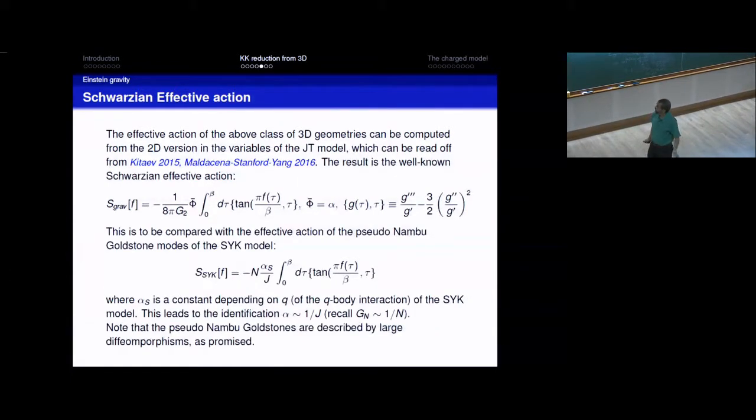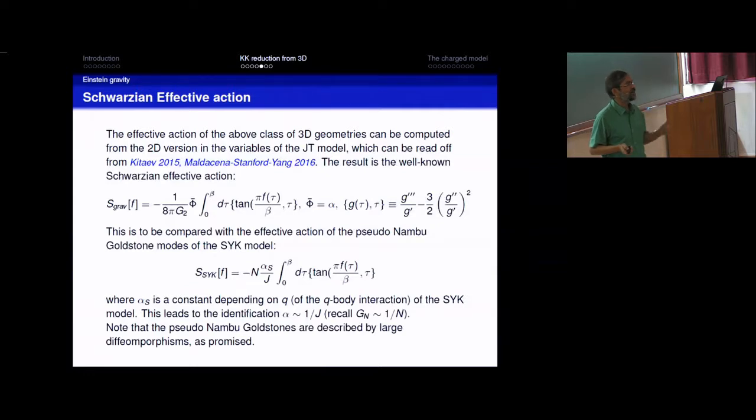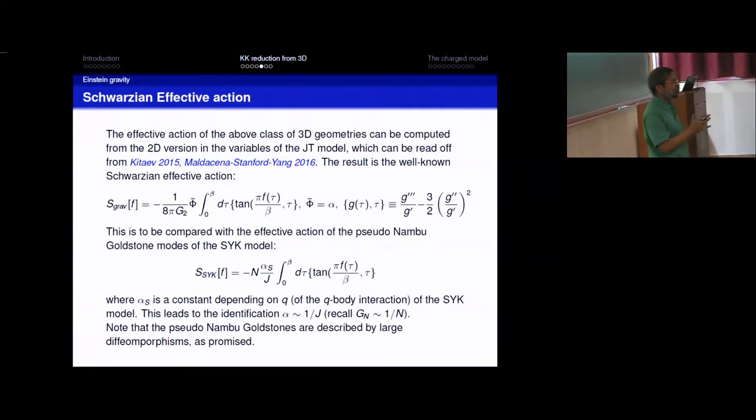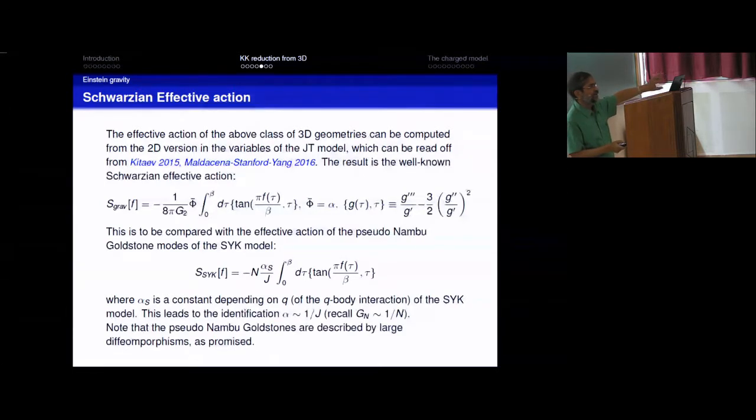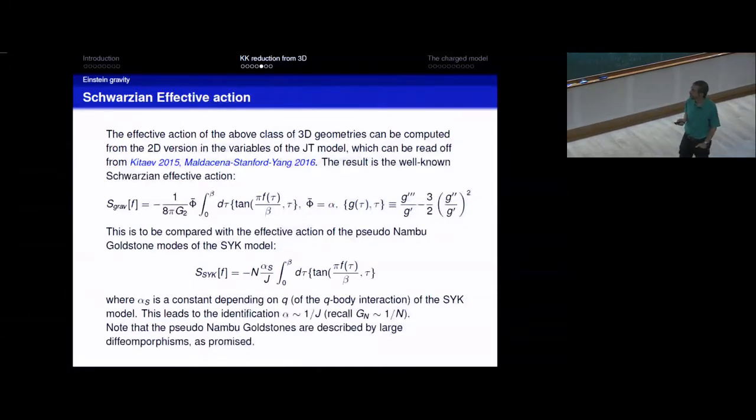However, this is what Juan and his collaborators have shown in this paper: if there is a time-dependent phi sitting here, then you can make a change of the boundary clock so that it can be made into a constant. So eventually, there is only one parameter that stays in that thing, and that one parameter has to be identified with this 1 over j. So that's the thing.